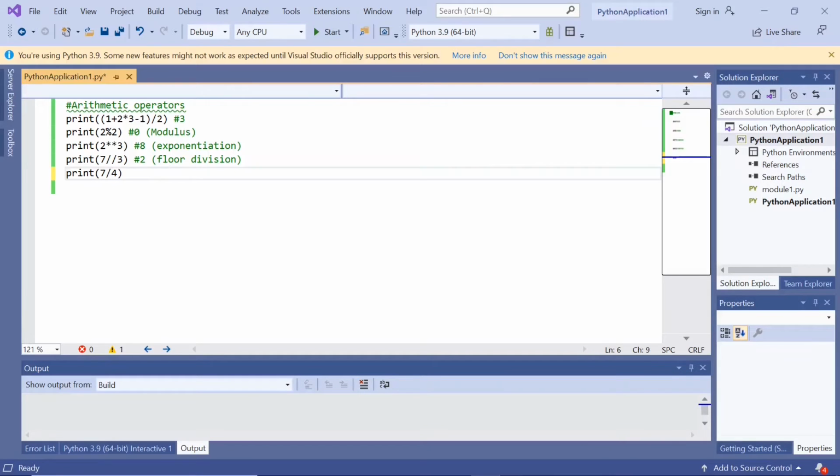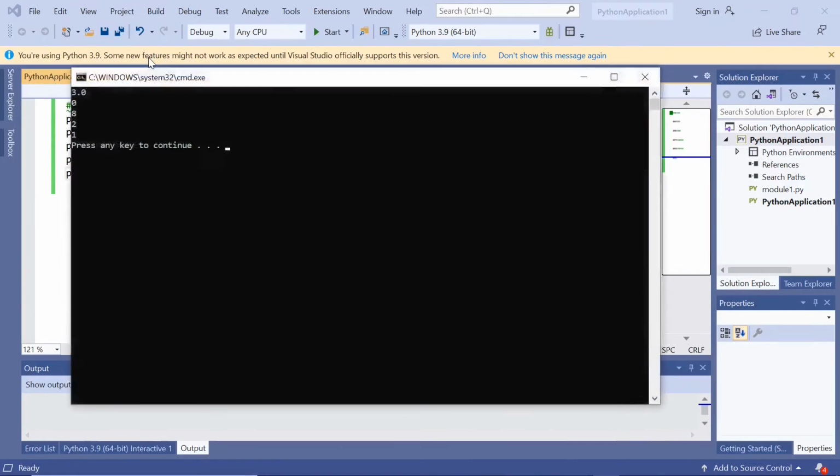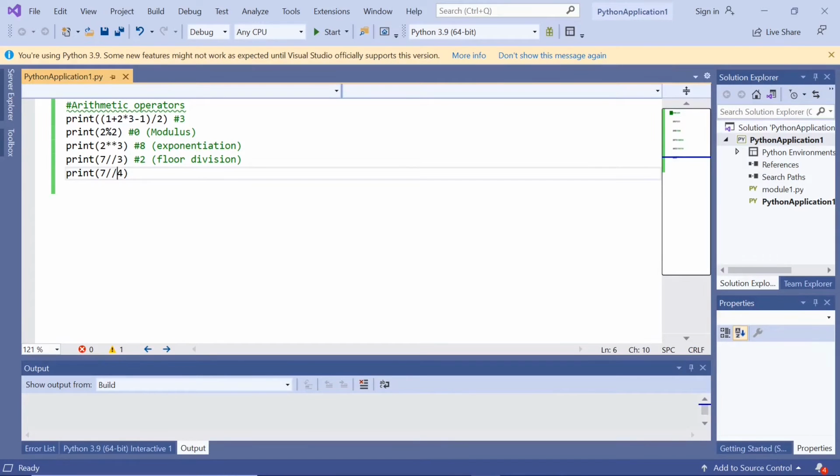But if I do a floor division, with double division, the answer is 1, because it has not considered 0.75. Here also it did not consider that 0.33. So these two examples are for floor division. This is for exponentiation, this is for modulus, and these are the basic addition, subtraction, multiplication, and division. So these are the arithmetic operators.